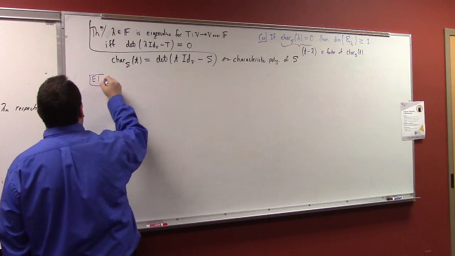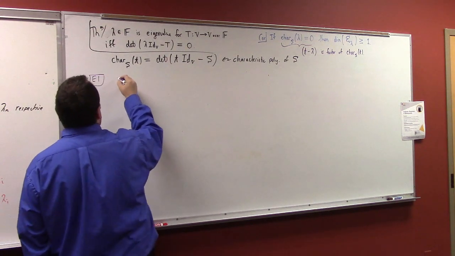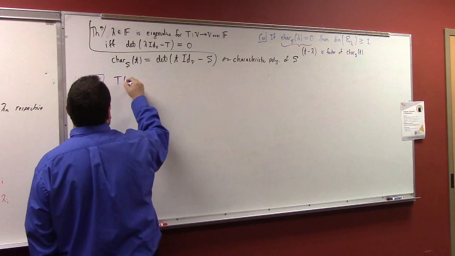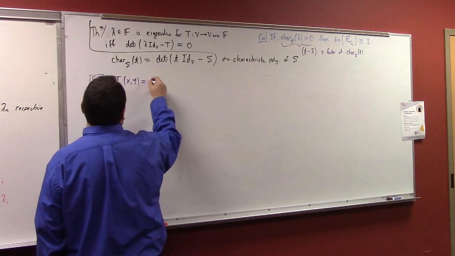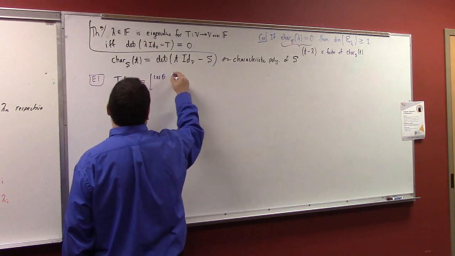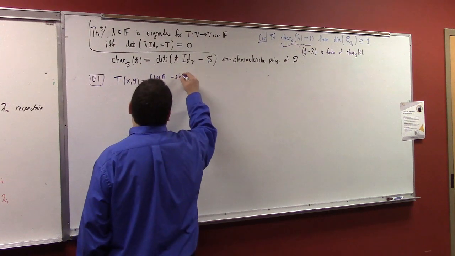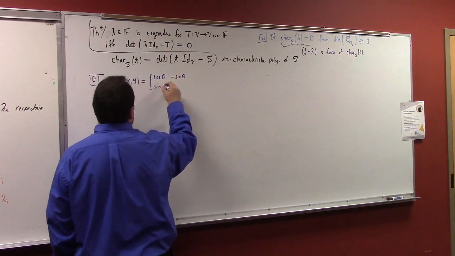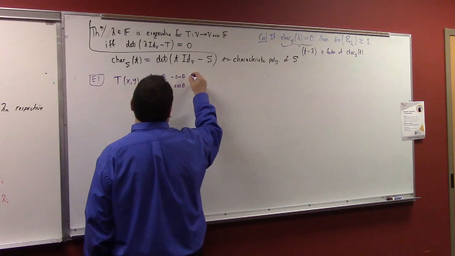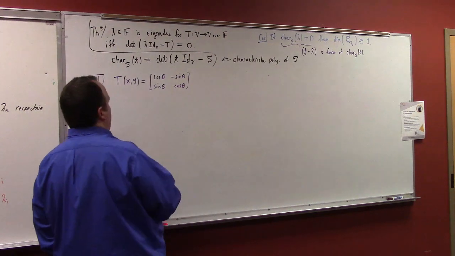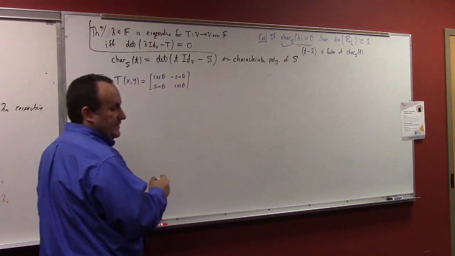Example 1, we'll let T of x, y equal cosine theta, minus sine theta, sine theta, cosine theta, times x, y.